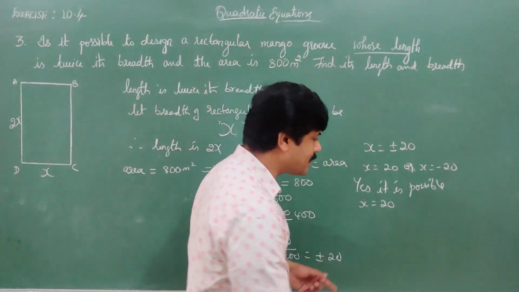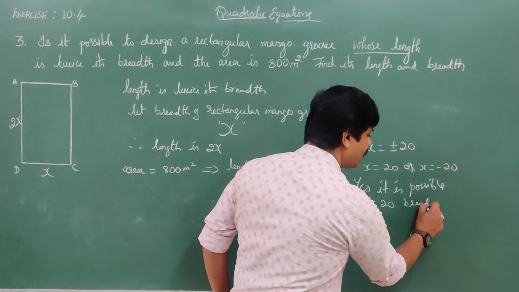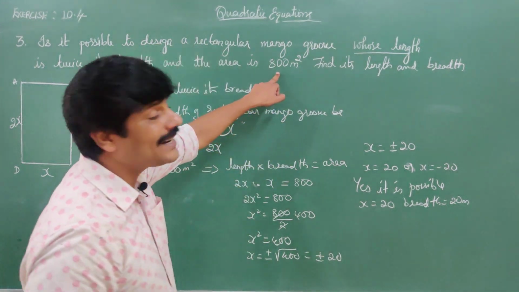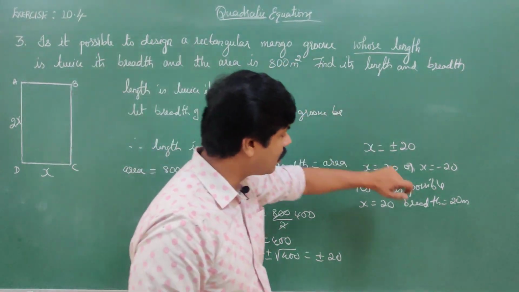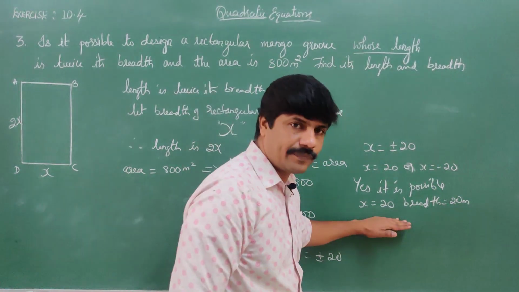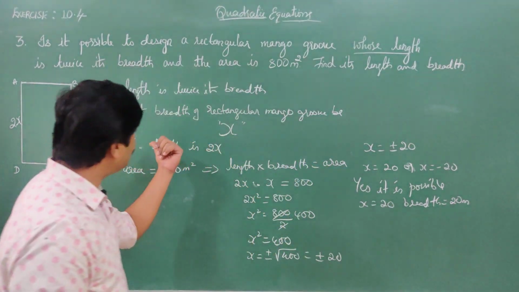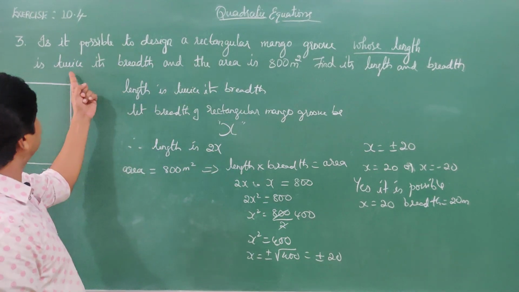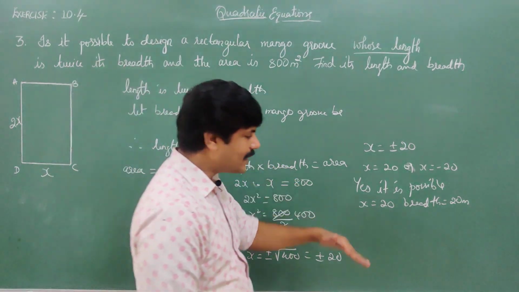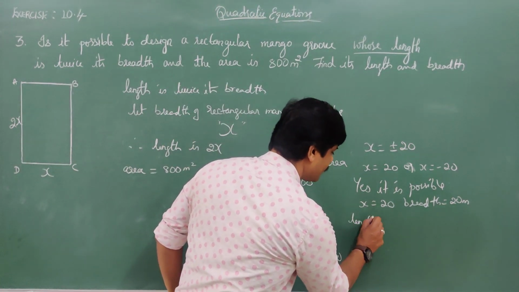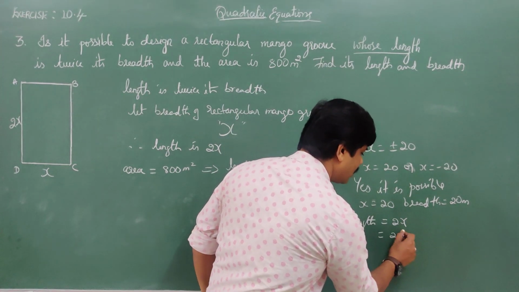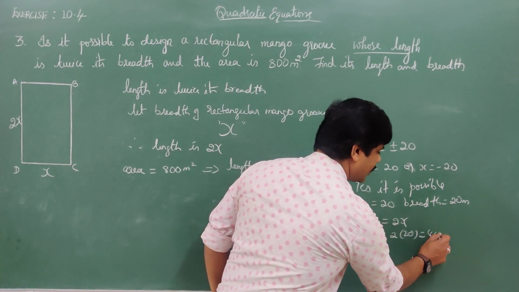When x is equal to 20, the breadth is 20 meters, because it is said meter square, not centimeter square. The length is twice its breadth, so the length is 2x, which is 40 meters.